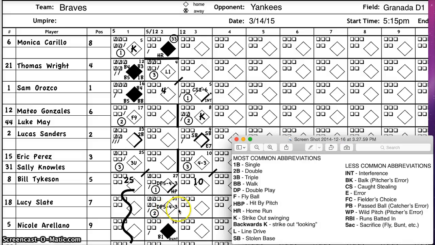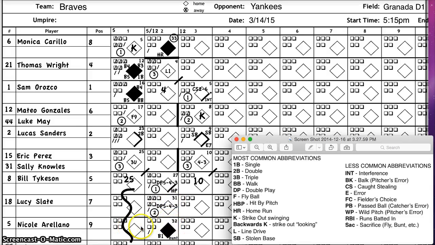So this went 5-4-3, which means the third baseman threw it to the second baseman, who threw it to the first baseman. So the first out was Bill up here, who got forced out at second, and then the second baseman threw it to the first baseman to get Lucy out. So Bill was the first out, Lucy was the second out. Updating the pitch count, moving on.